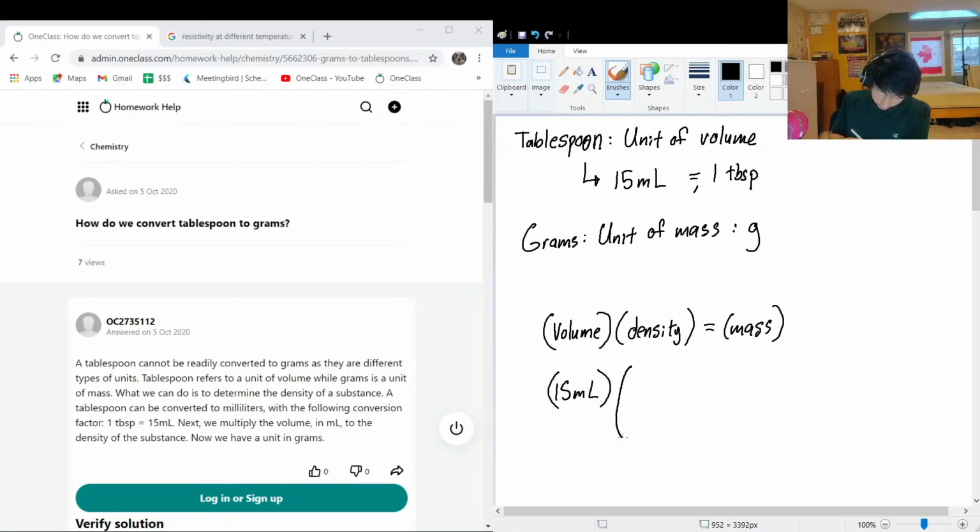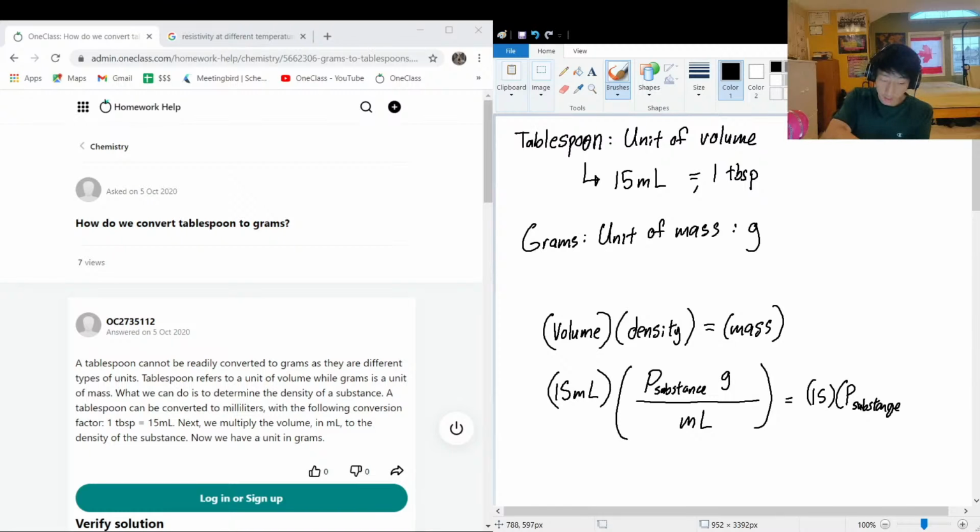Density, we're going to have, depending on the substance. Actually, density is typically represented with the letter rho, so let's just put rho substance, which is grams per milliliter. And that is equal to 15 times rho substance, because we don't know what it is.